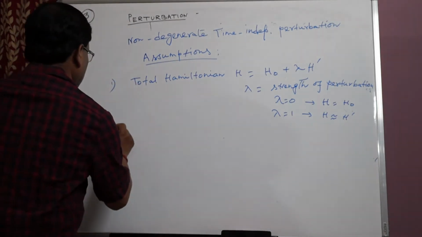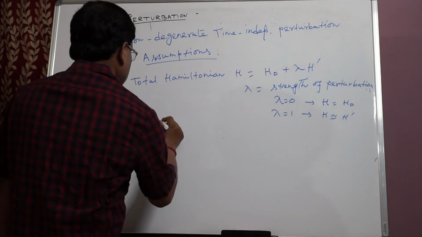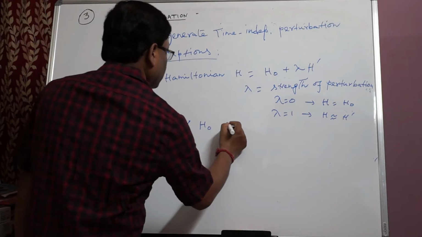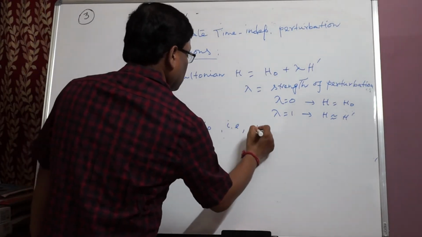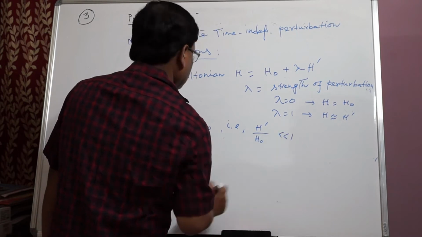And condition 2 is that the perturbation H prime is very much less than the unperturbed part, that is, H prime by H0 is very much less than 1.